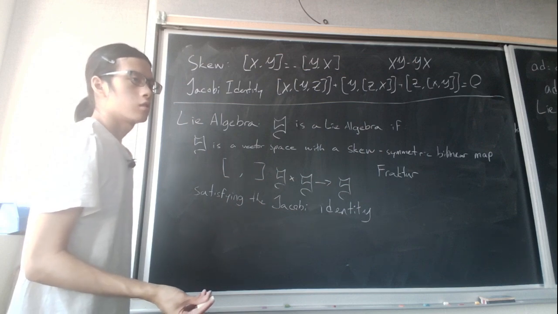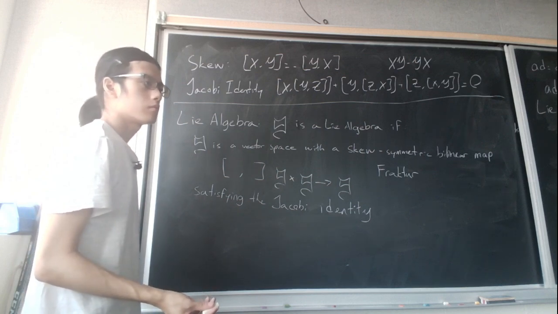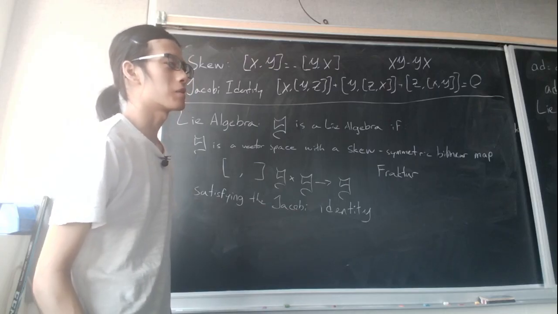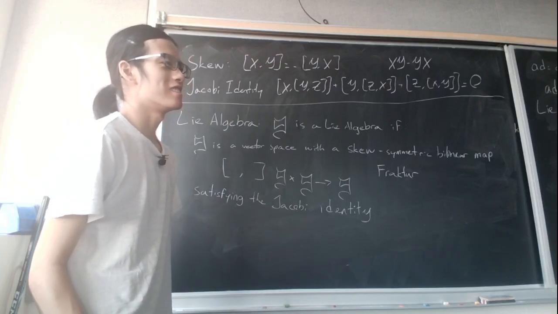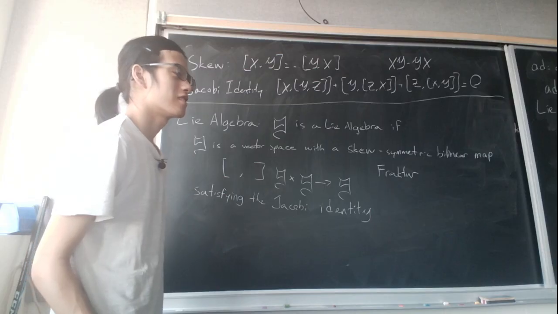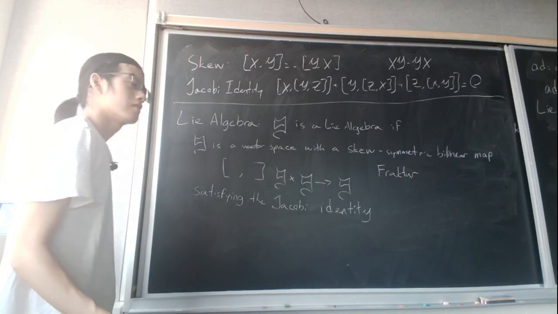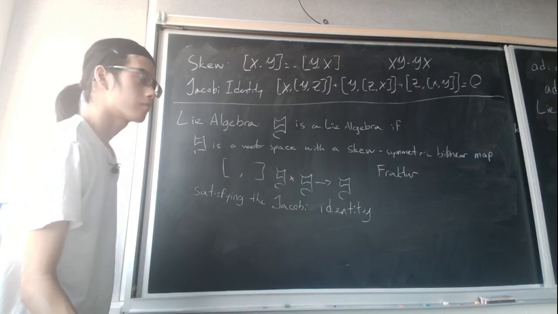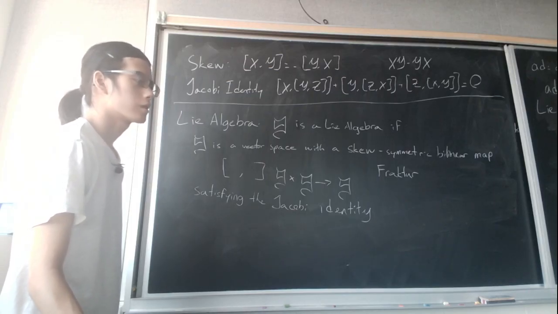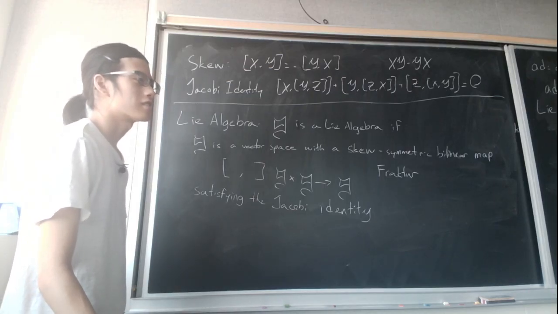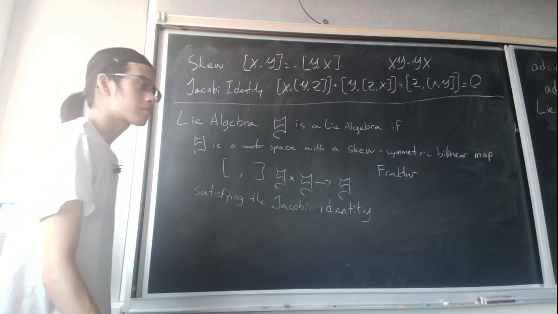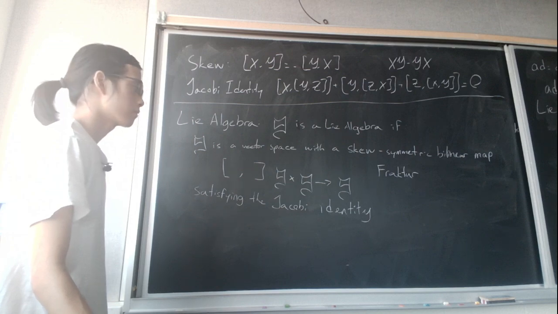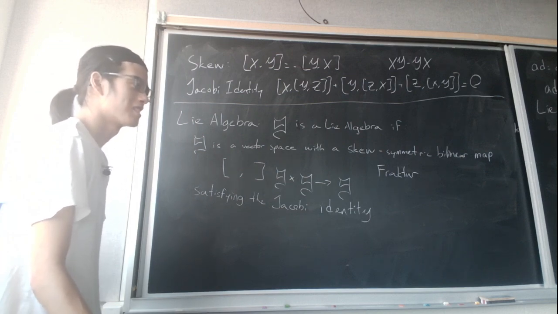You can also consider R3 with the cross product. What Lie group has that kind of Lie algebra? Probably the Lie group that's also the Lie algebra, maybe the real numbers under addition or something easy.